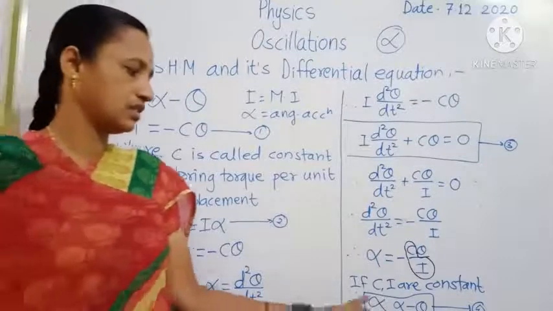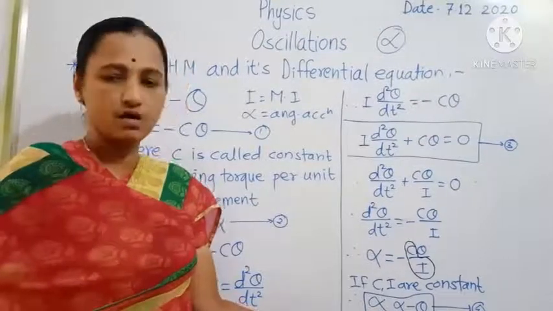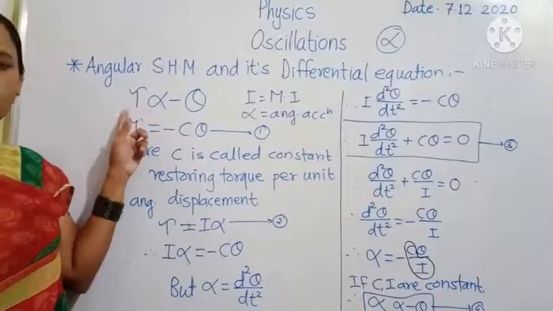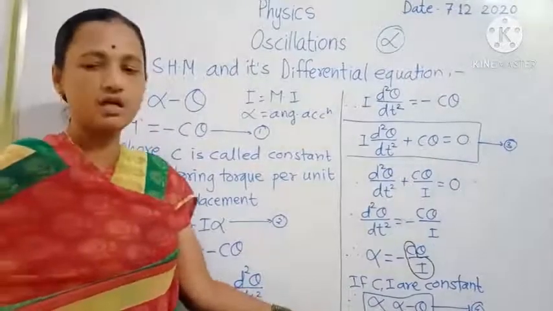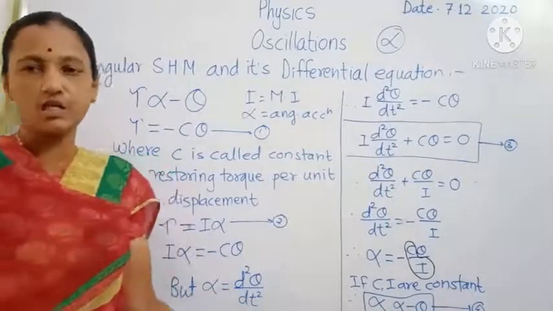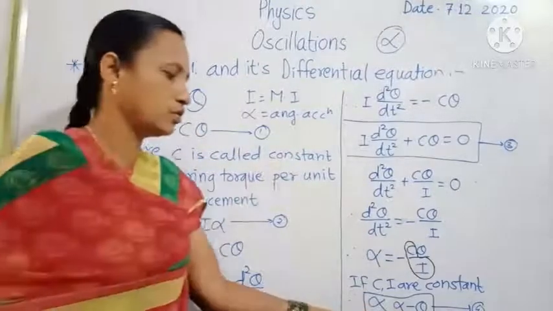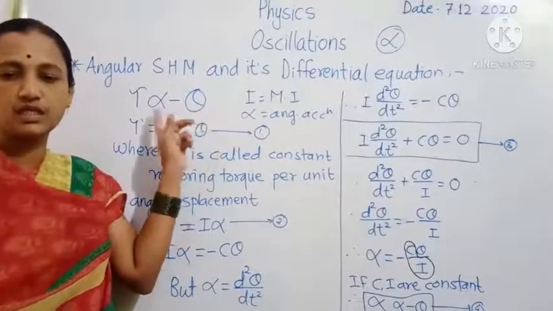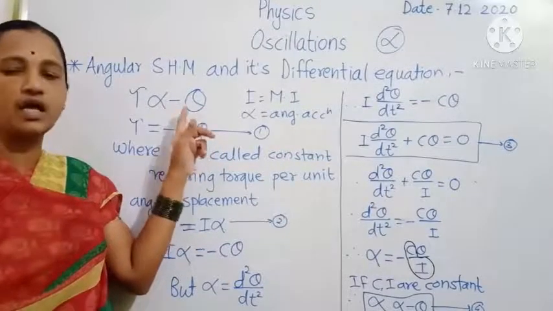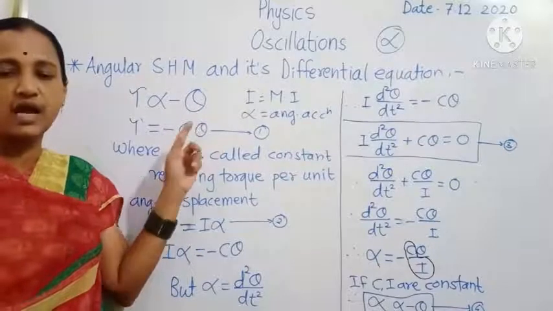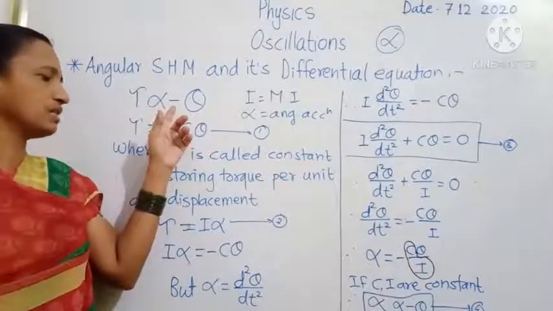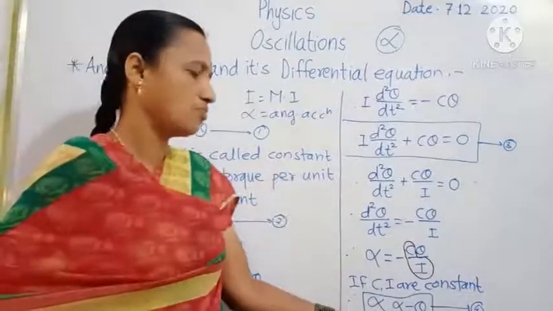This torque or angular acceleration is directly proportional to the angular displacement, and its direction is given by the minus sign, here also we see the minus sign.